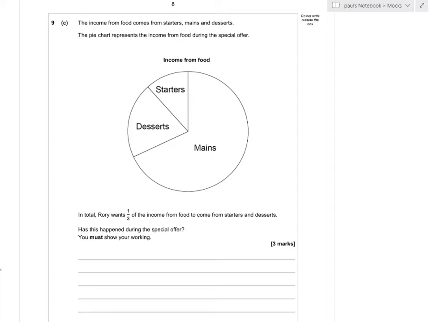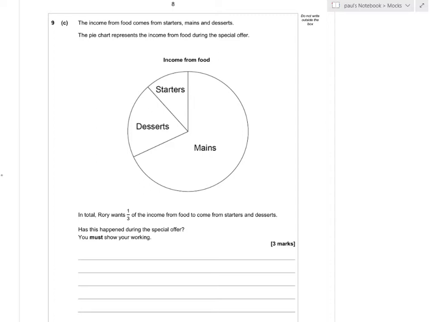In total, Rory wants 1/3 of the income from food to come from starters and desserts. Has this happened during the special offer? So this is 9C, isn't it? So let me go down to 9C just to see how exactly they want that to be done.